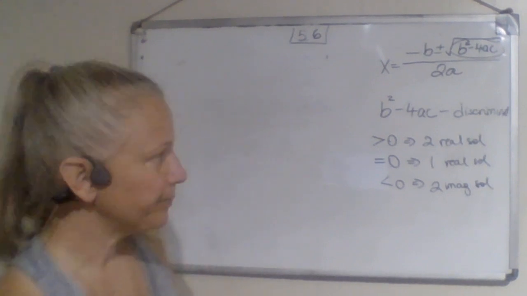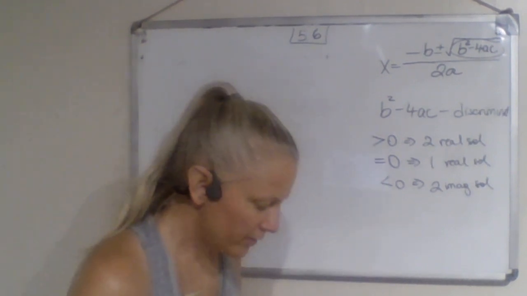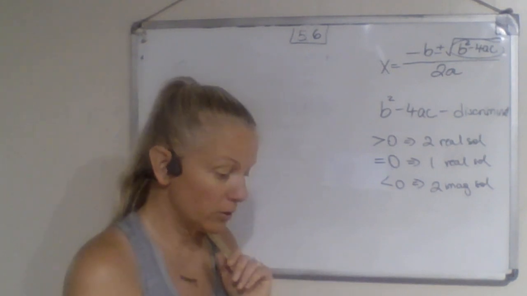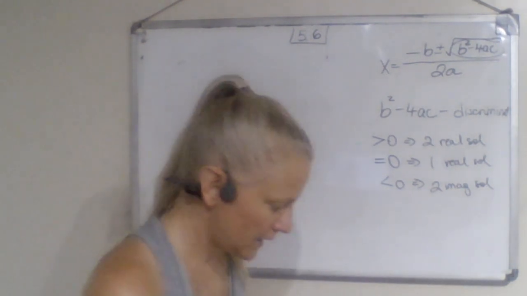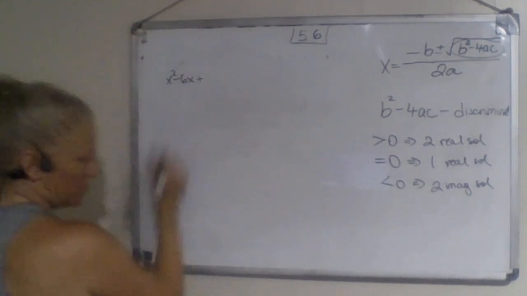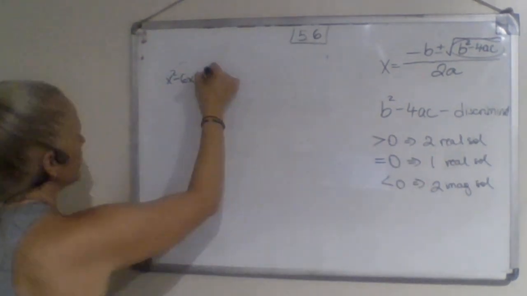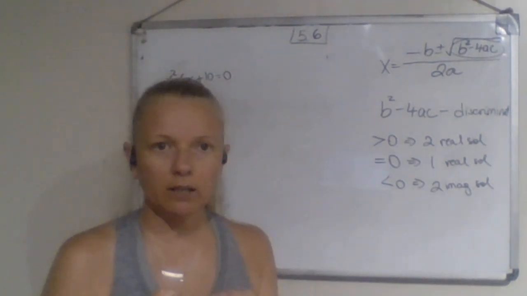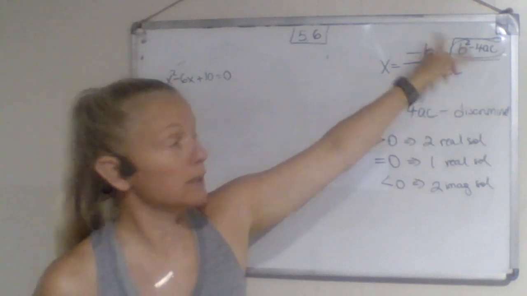Now, we're on the bottom of page 293. They're going to just tell you, don't solve it, just tell me how many solutions I have. Let's look at them. X squared minus 6x plus 10 equals 0. If you have to tell how many solutions something has, all you have to do is find the discriminant. You don't have to work the whole thing.